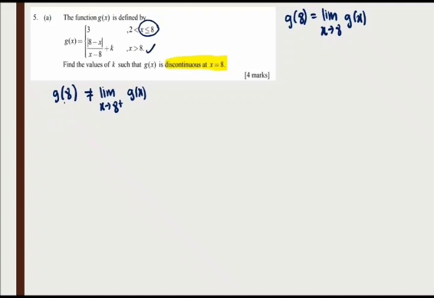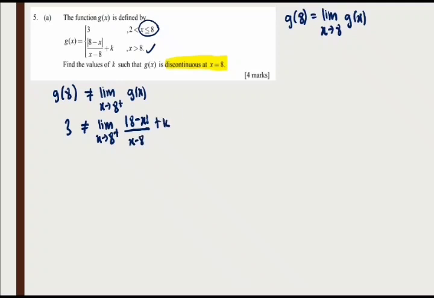For g of 8, the value is 3. On this side we will use the limit as x approaches 8 from the right of the function absolute value of 8 minus x over x minus 8 plus k.